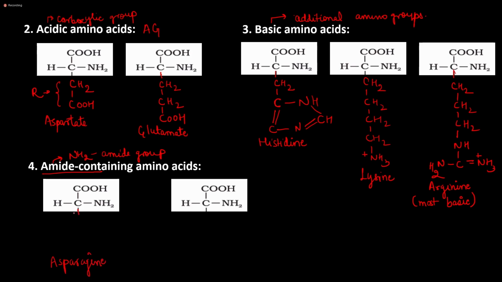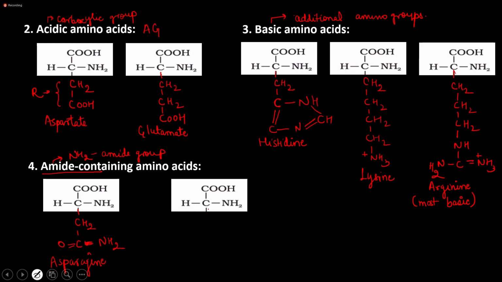How will you draw the structure of asparagine? First, draw the structure of aspartate, that is CH2CO. Now, instead of OH, you have an amide group attached to it, and it will become asparagine, right?